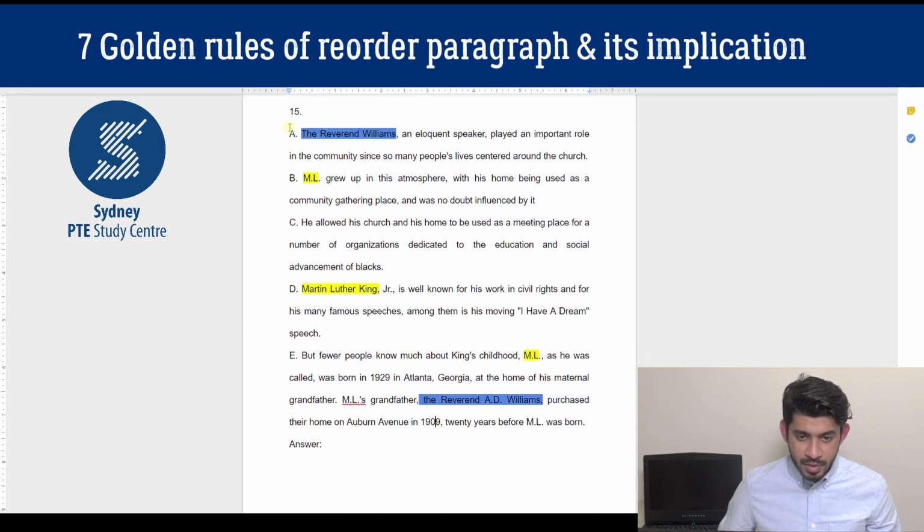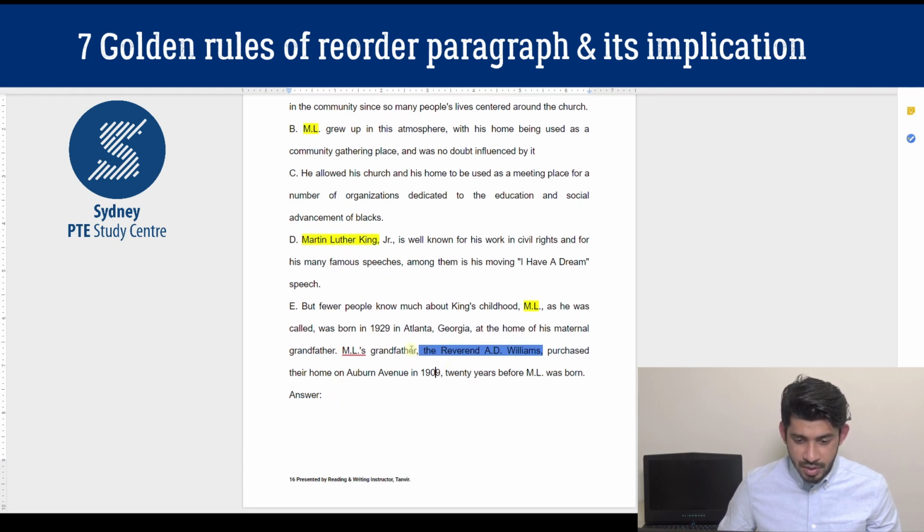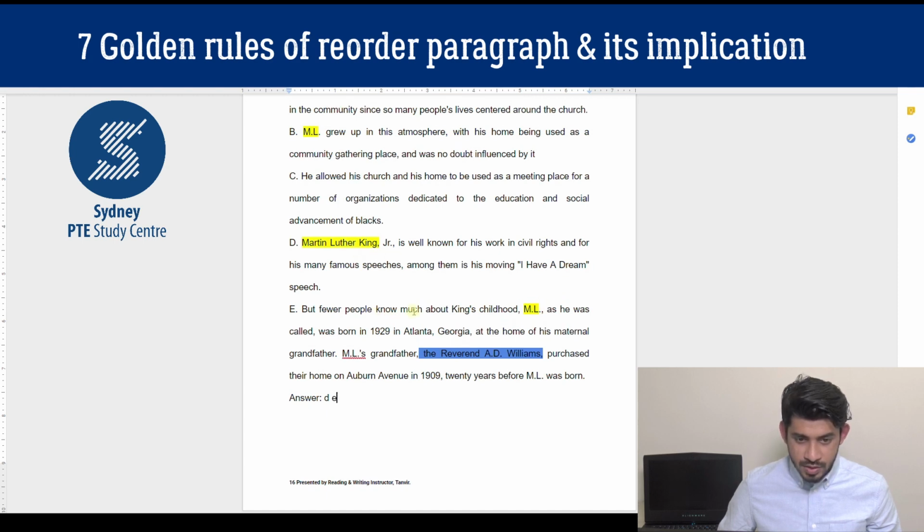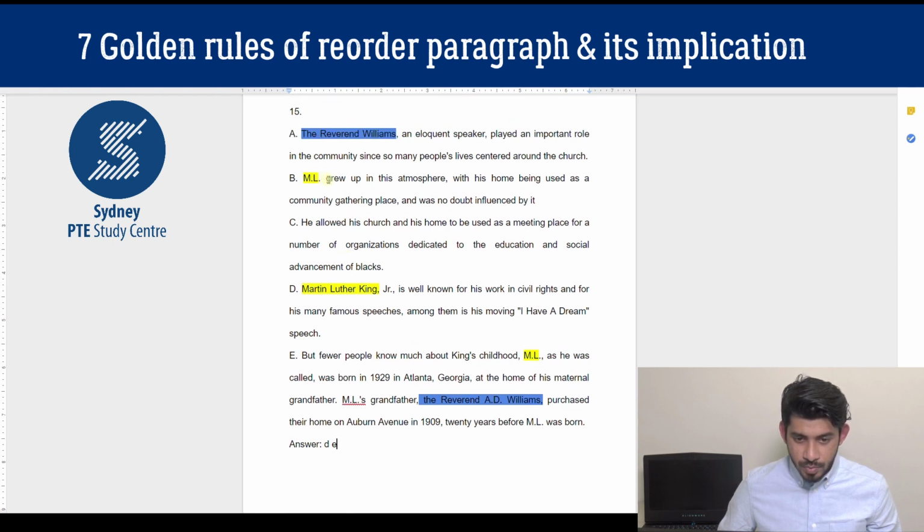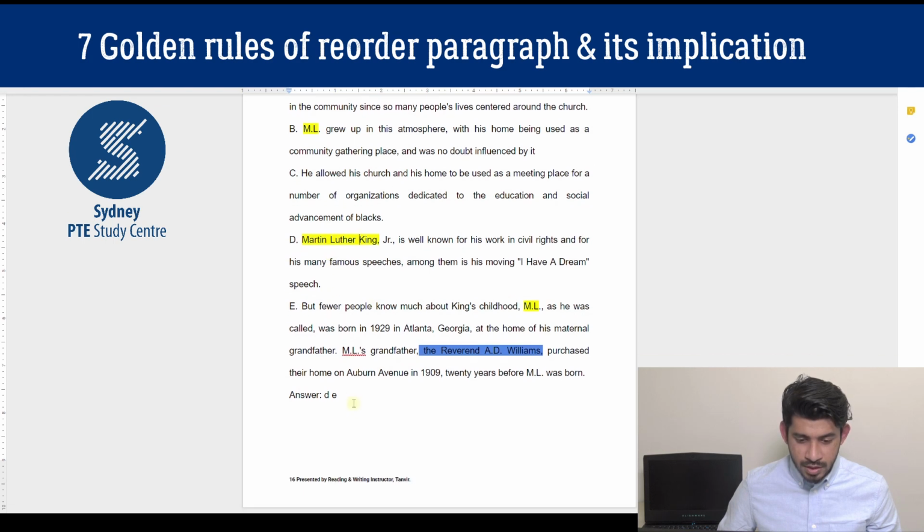So since number A should come before number E, because I've got his name first in number E. If you talk about Martin Luther King, D is your first sentence, then E, because this ML grew up in this atmosphere. I don't know what atmosphere it talks about here in number D. So E makes a pair with number D, right? So D and E is my first pair.